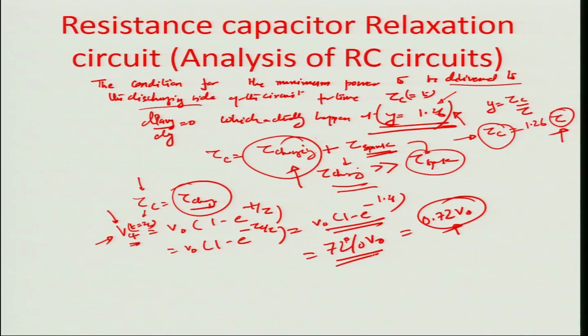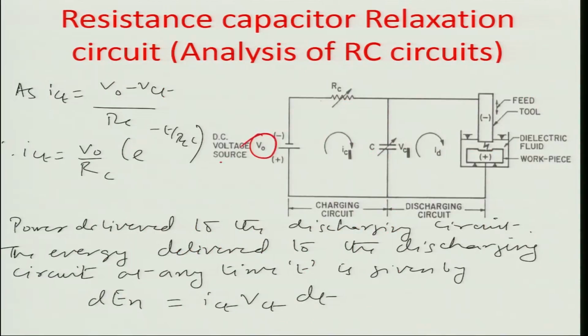So if you were to operate the circuit that was being shown earlier in one of the modules here, where this is, let us say, the V0, this is what the Vct is, and this is what the delivery side discharge voltage is, the maximum power transfer can only happen when this hits about 72% of the total output, the source voltage V0. So this is a sort of smooth operating condition that the circuit should be maintained at, typically, if you wanted maximum power to be transferred from the DC voltage source across the gap in the EDM circuit.